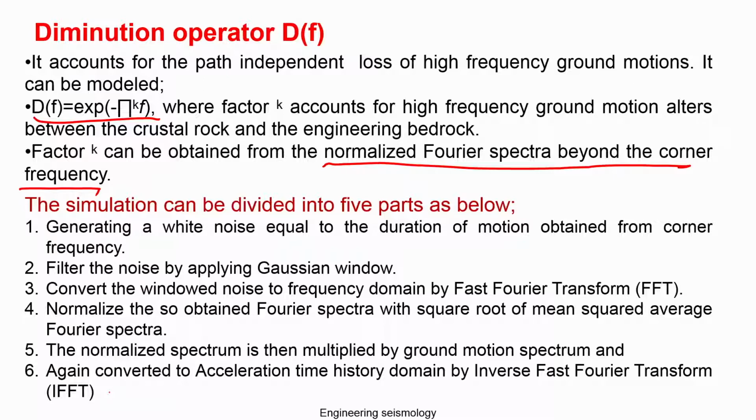As I told you during the frequency domain parameters, the parameters we discussed in the frequency section basically help in the simulation part predominantly. That is why you can see corner frequency, cutoff frequency, the Fourier spectrum, and normalizing the Fourier spectrum. All these parameters are very useful in the simulation.